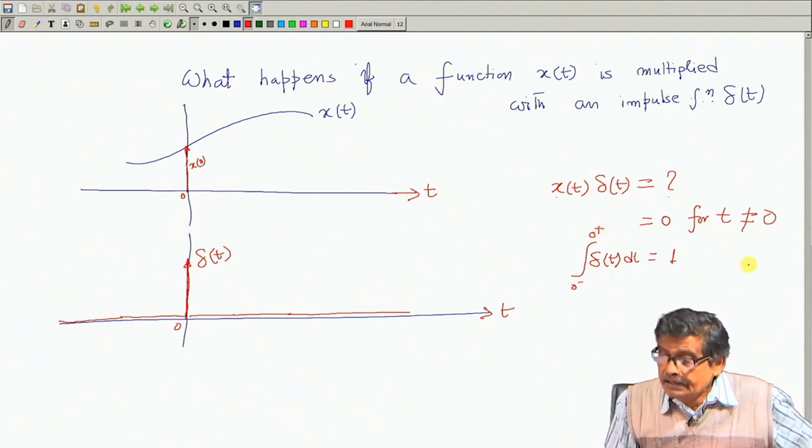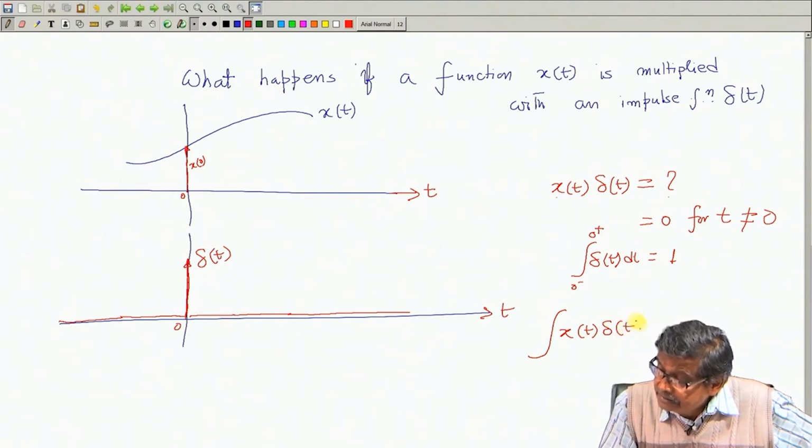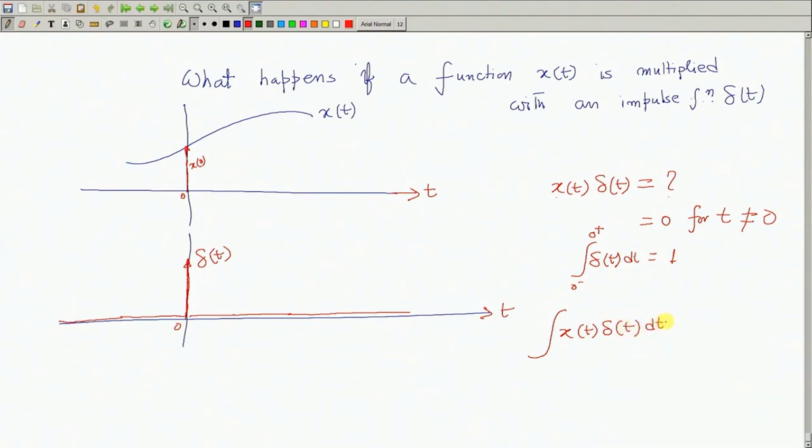This much I know. Therefore, let us see what the integral of x(t) multiplied by delta(t) dt will give.